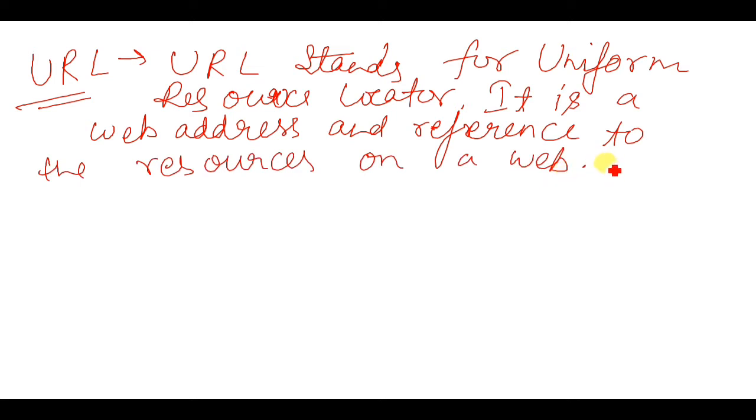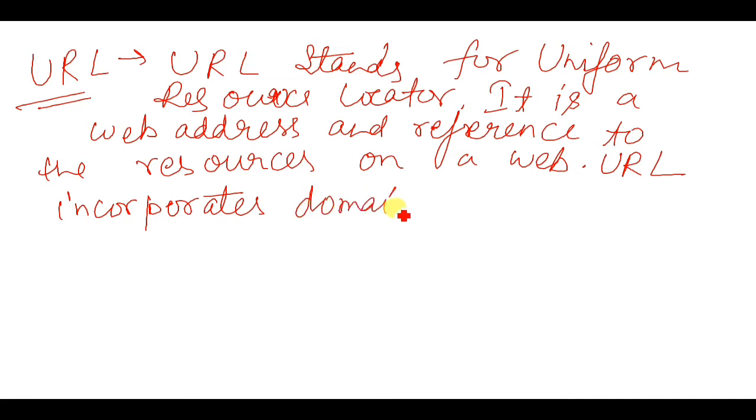Web, internet, same thing. Like our house has an address, and when any post comes, it comes using that address. So to find any resource on the internet we need a web address, that is the URL.